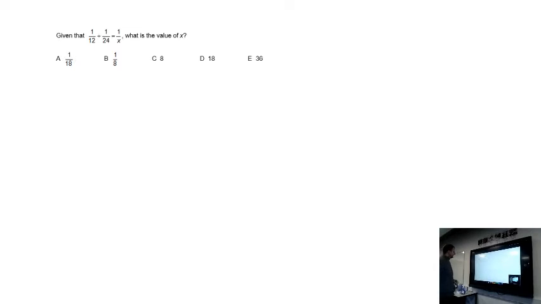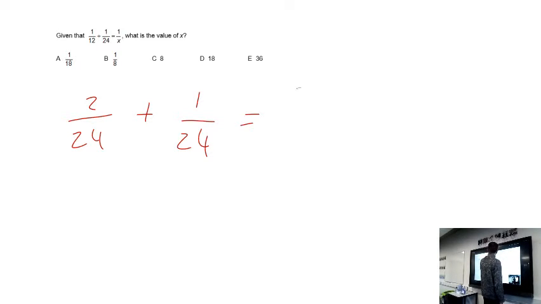Okay, so let's try to find this x value here. We need the denominator to be the same. So let's find the lowest common multiple of 12 and 24. So this will be 24. So 1 over 12 can be written as 2 over 24, and this is 1 over 24, and this is equal to 3 over 24, which is equal to 1 over x.